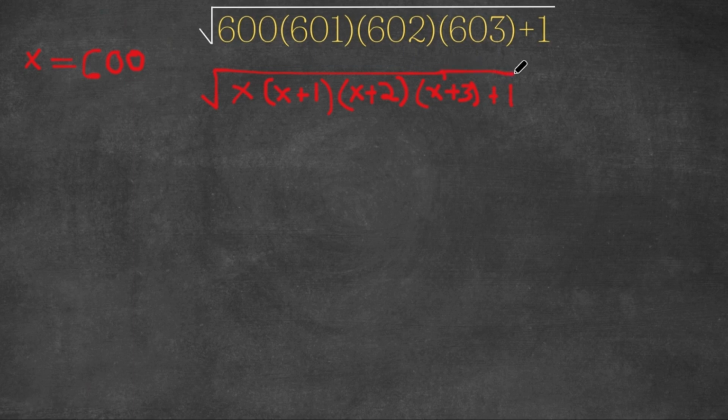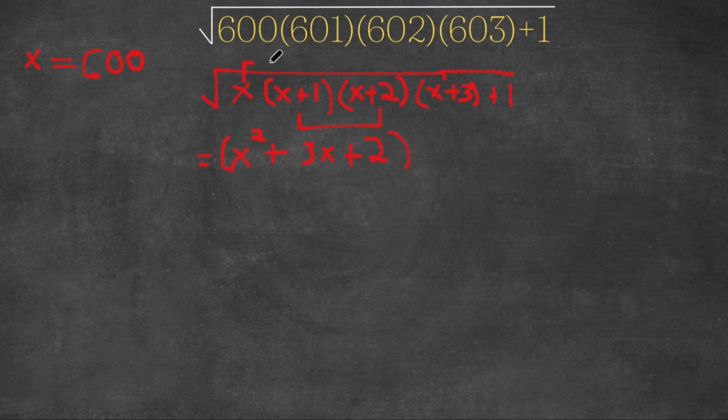All right, so now what we're going to do is multiply x plus 1 with x plus 2. If we multiply these two, we would get x squared plus 3x plus 2. So this is what we get if we multiply these two.